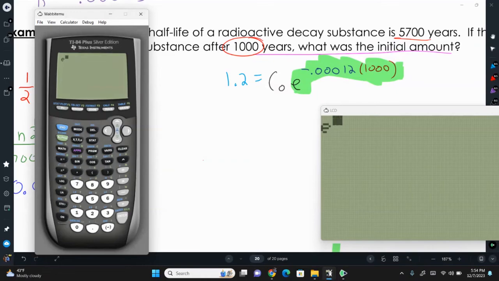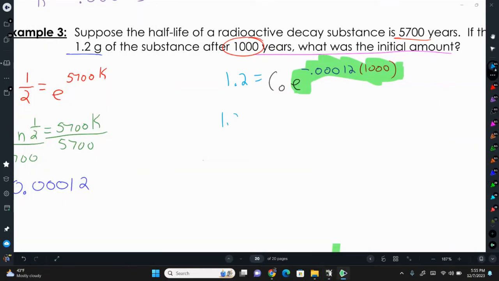e to the negative 0.00012 times 1,000 power, and we get 0.887. So 1.2 equals 0.887 times C naught. Divide both sides by 0.887.